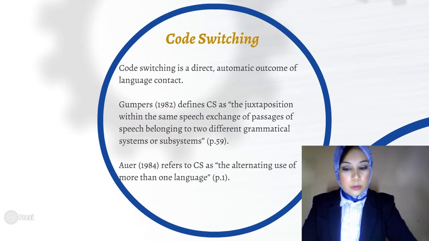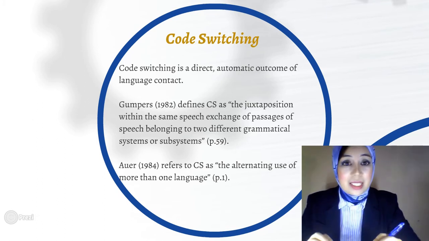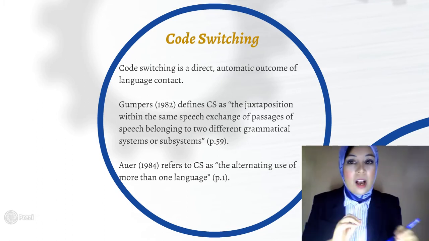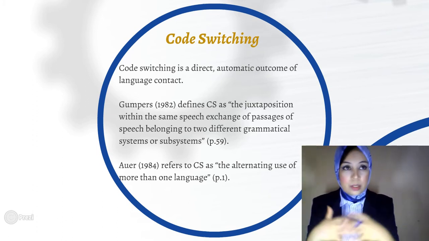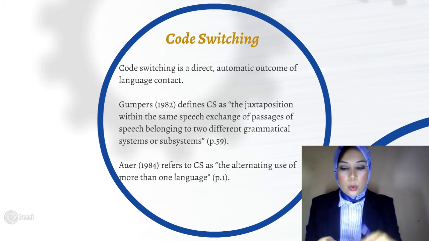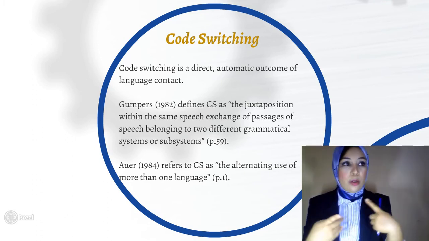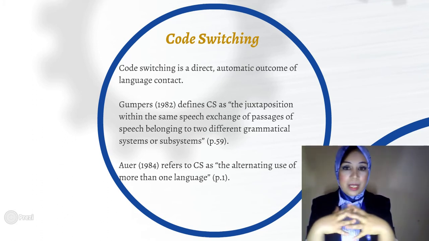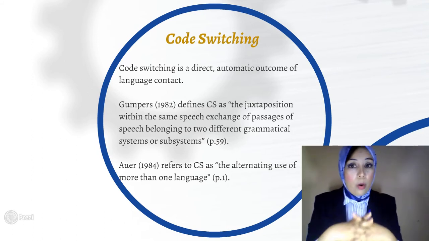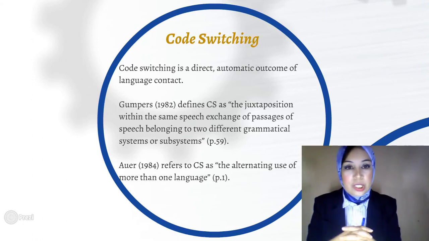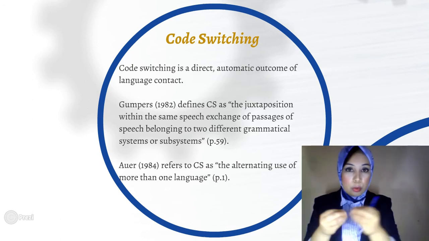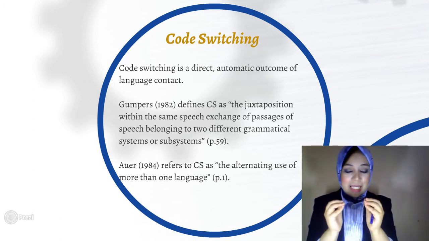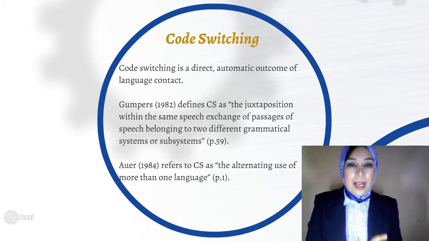Now, code switching, of course, is a direct result of language contact, which means that when languages come into contact due to, for example, wars or migration or trade or business, and when there is contact between people, of course, there is contact between languages. So, code switching, that is the alternation between two codes or two languages, is the direct outcome of language contact.